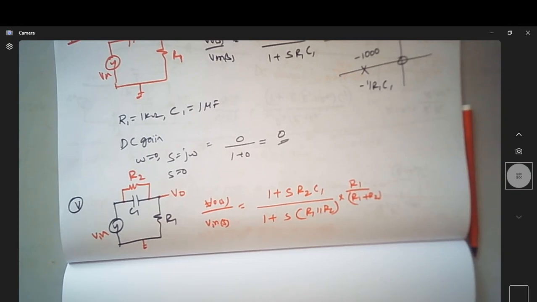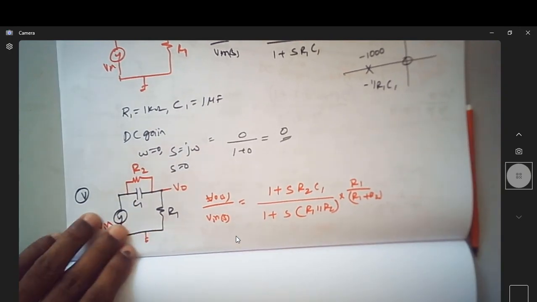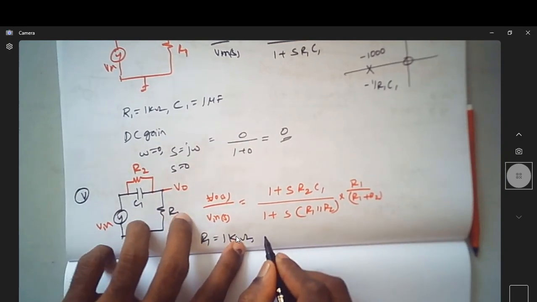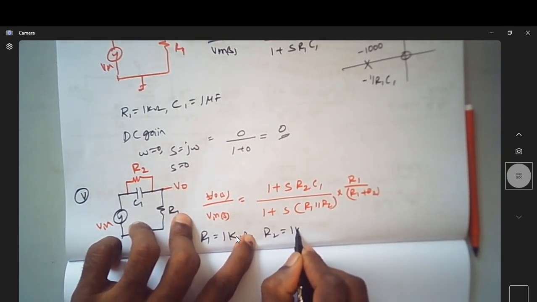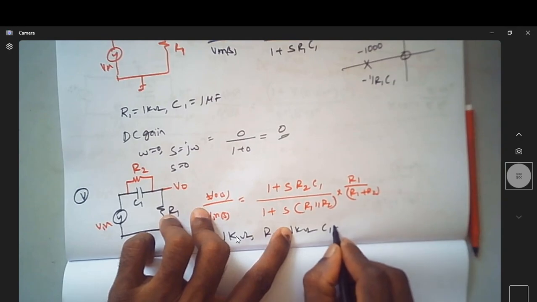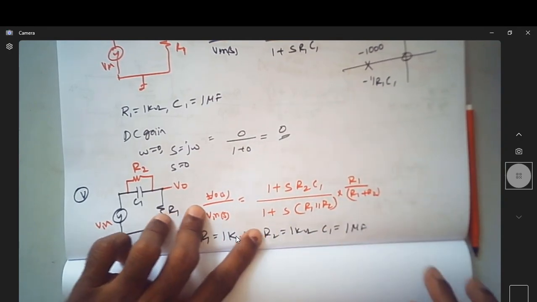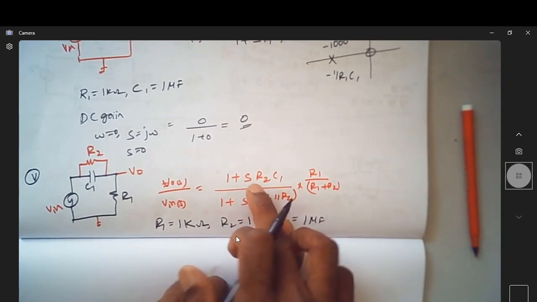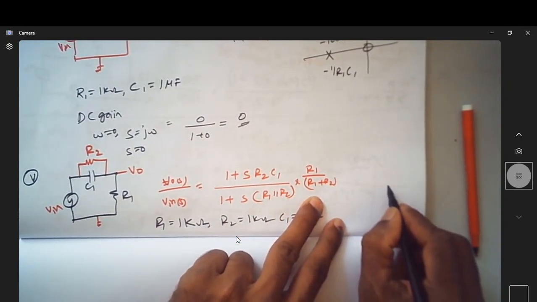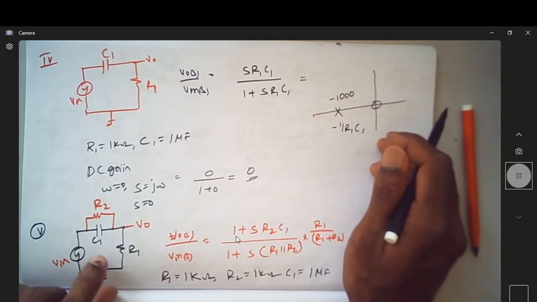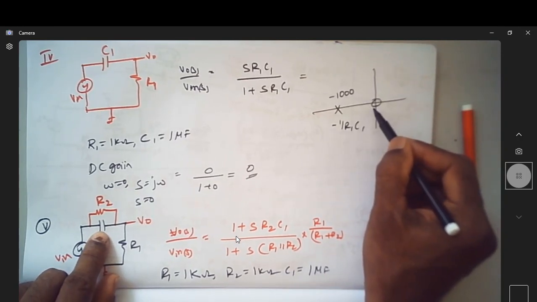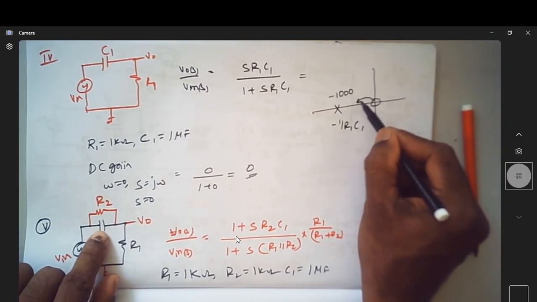Now let us give different values. Let me give R1 as 1 kilo ohm, R2 as 1 kilo ohm, and C1, of course you can give whatever value you wish. Adding a resistor in parallel to the capacitor C1 brings this 0 out of the origin to a finite value.